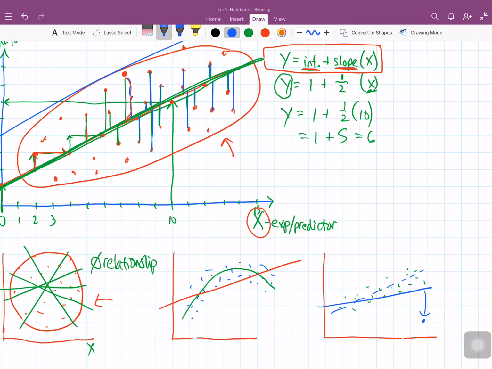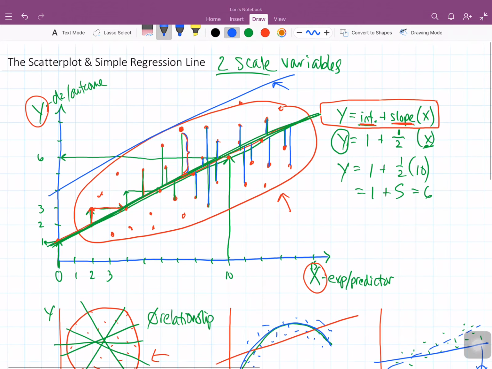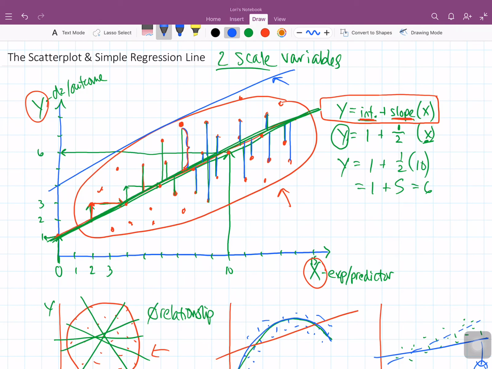So we're looking for outliers. We're looking for shapes that really are not best fitted by a straight line. And so those are some of the kinds of things that can happen with scatter plots. When we're describing a relationship between x and y, there are a few things that we can use to describe it.